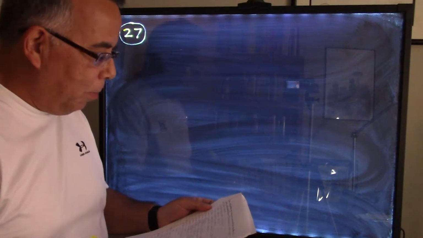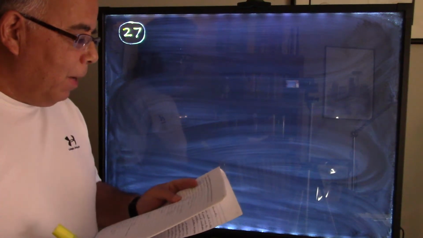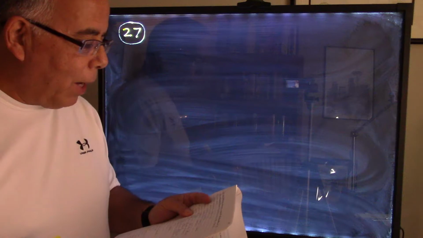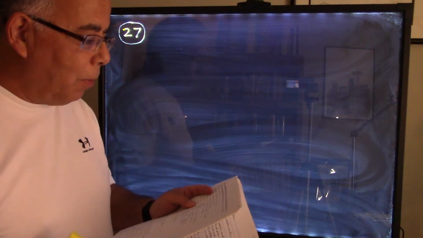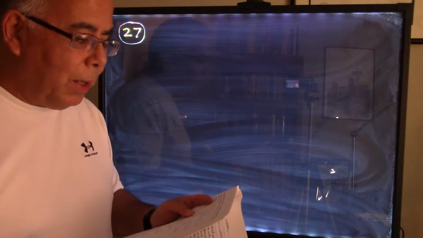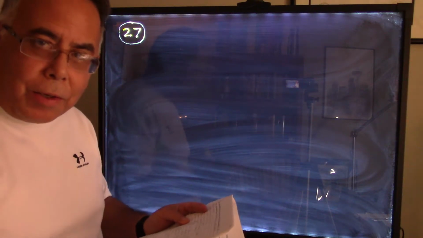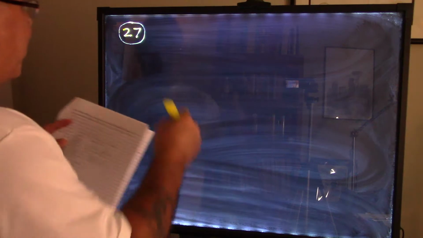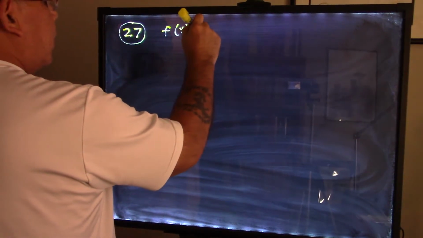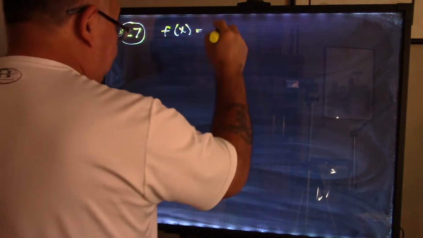All right, problem number 27. It says, for the following exercises, evaluate the function f at the indicated values, f of negative 3, f of 2, f of negative a, negative f of a, f of a plus h. So we have f of x equals 2x minus 5.